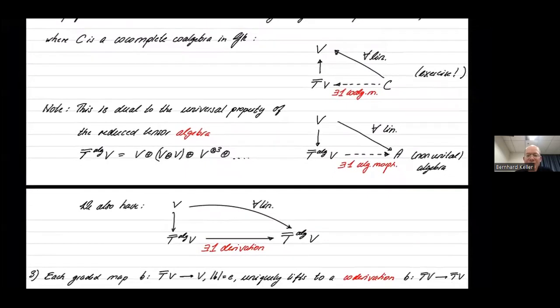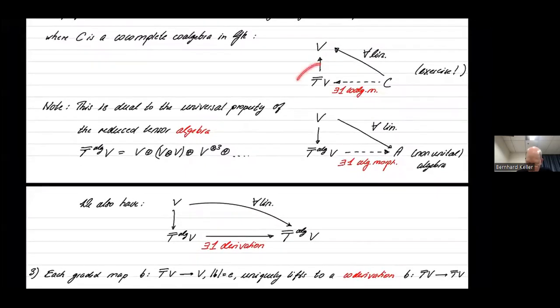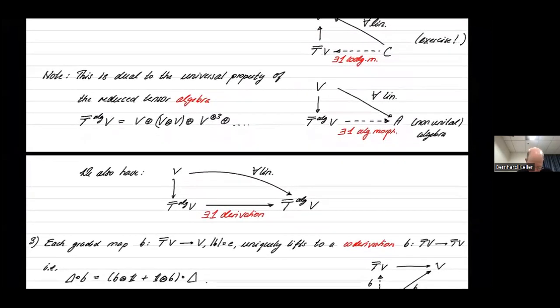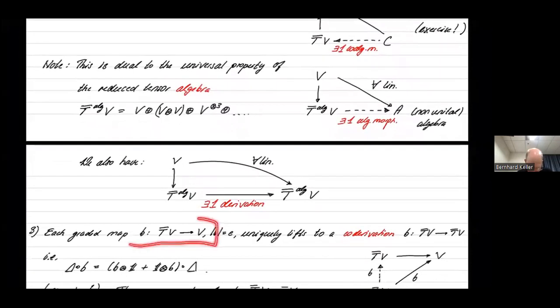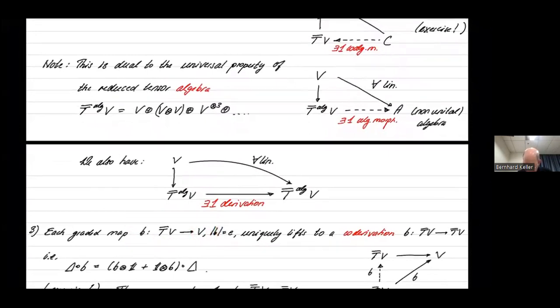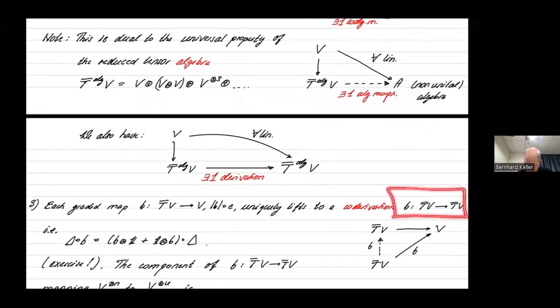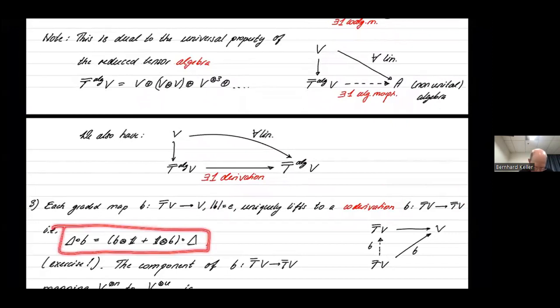And we have a dual property for the reduced tensor co-algebra. Whenever we give ourselves a graded map defined on the co-algebra with values in V, of degree e, it uniquely lifts to a co-derivation of the tensor co-algebra. Co-derivation means that we have this equality, which is just the dual of the equality characterizing derivations.